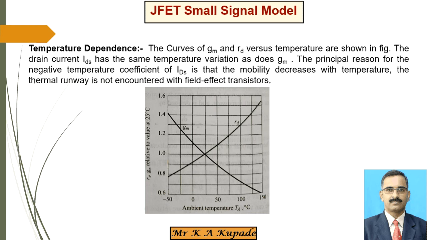See, why this ID again varies with the change in temperature is that whatever the IDS is, due to the temperature coefficient, the mobility decreases with the temperature. But thermal runaway is not encountered in the field effect transistor. This is the reason a negative temperature coefficient is considered, for the decrease in mobility and the decrease in the IDS.